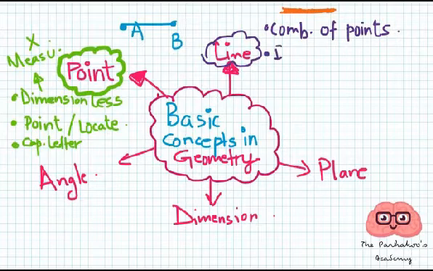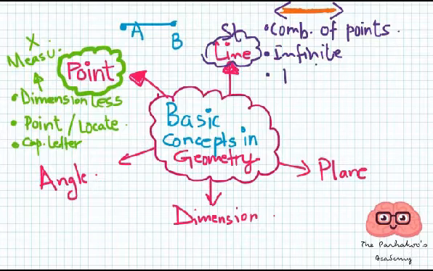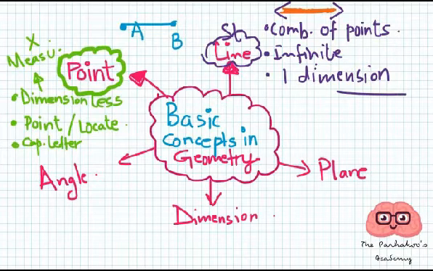A line is infinite, that means continued in both the directions. It does not end. A straight line does not end. It is one dimensional, that means it requires only one value to define it. For example, this line, let's say a line segment which is 2 meters.